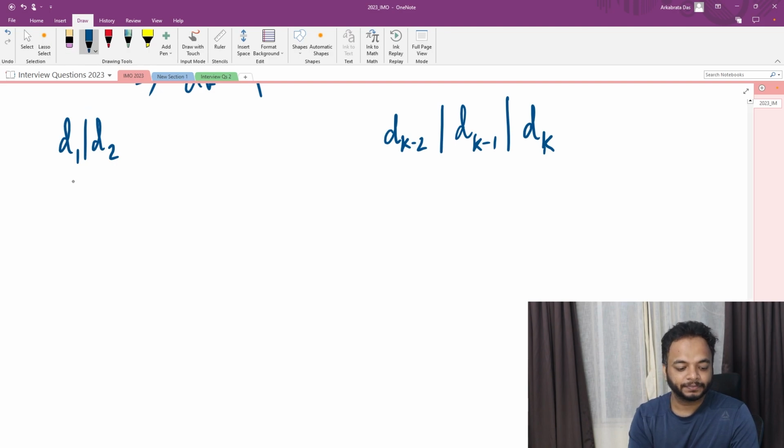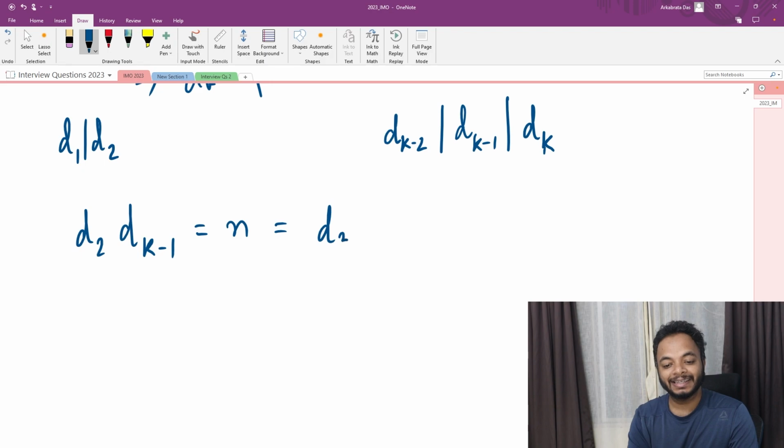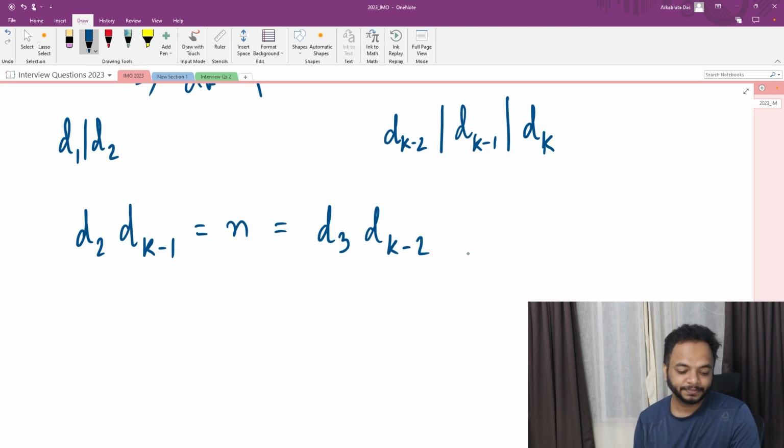So let me write this up. The second divisor combined with the second last one, d2 times d_(k-1), equals n, which is also equal to d3 times d_(k-2), the third last.